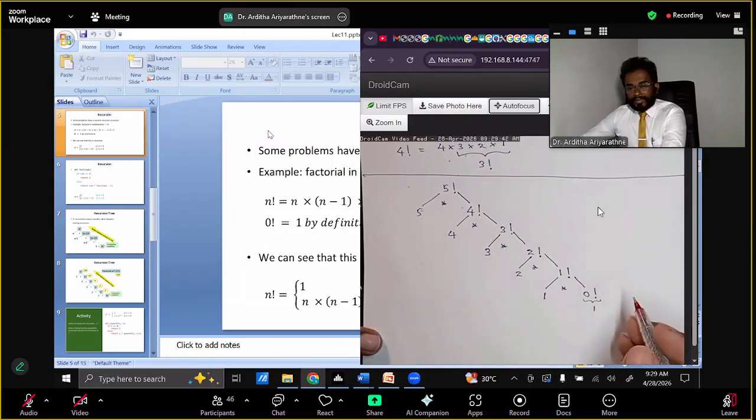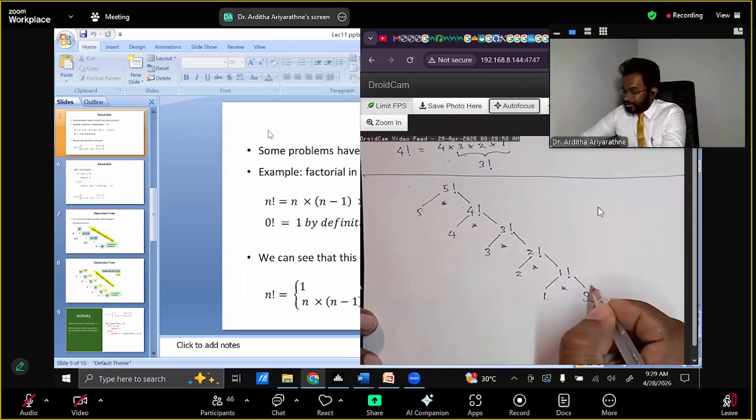Going back means 1 multiplied by 1. It's very easy to solve because this is very basic. 1 multiplied by 1, the answer is 1. With the answer, we are coming to the next level, 1.